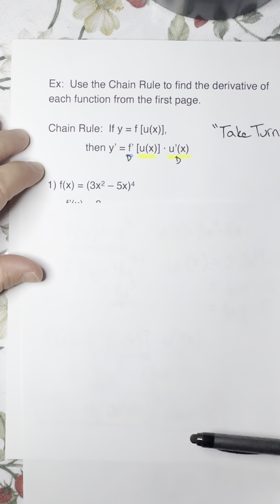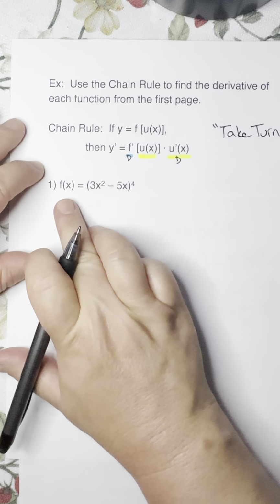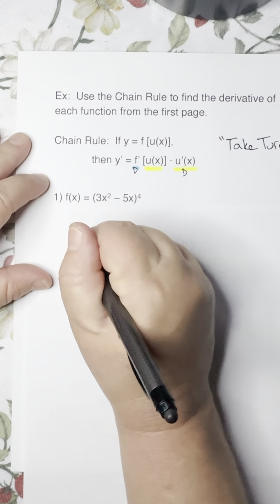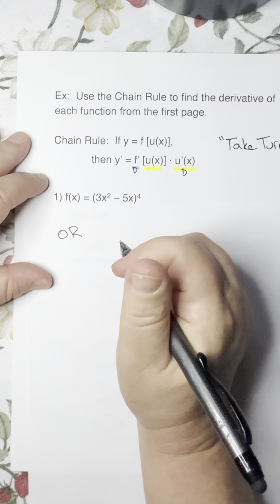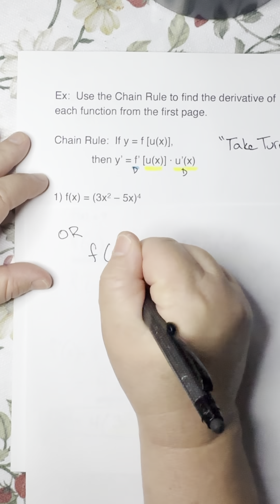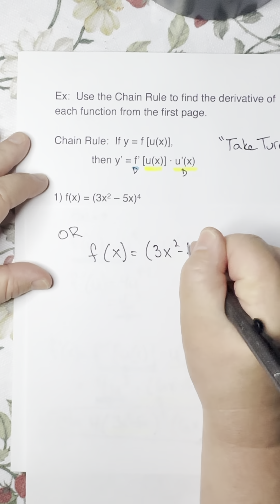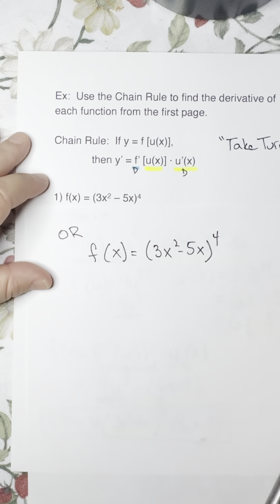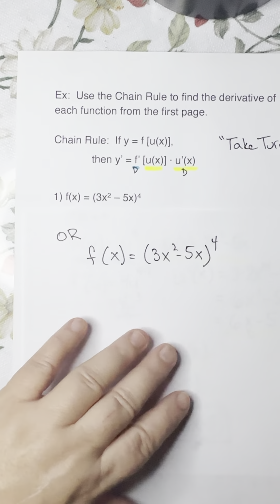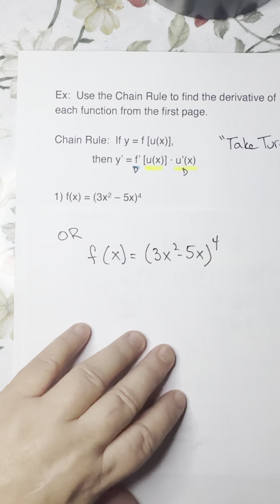If I see f of x equals 3x squared minus 5x to the 4th power, and I want to take the derivative, what do I do? Well, the outside is the 4th power, so the 4 comes down.